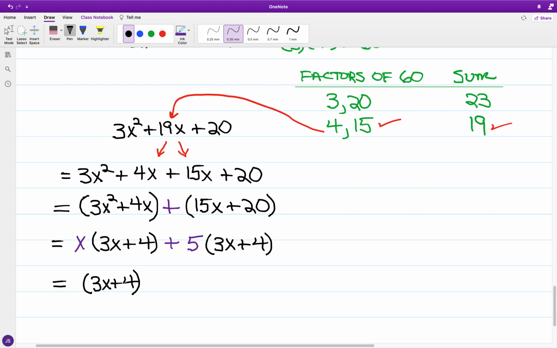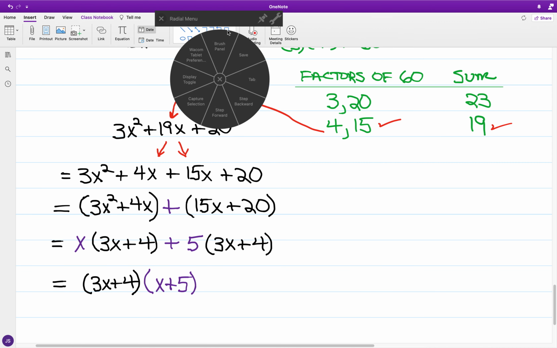And the other factor of this trinomial is going to stem from the outside terms and operations. So you have x and plus 5 on the outside. And this is going to be the result.